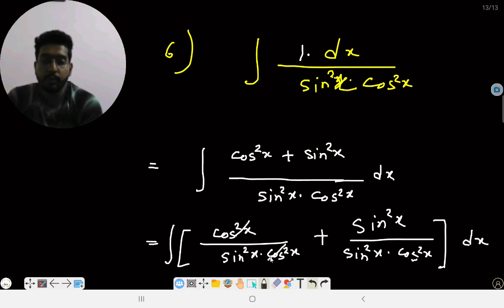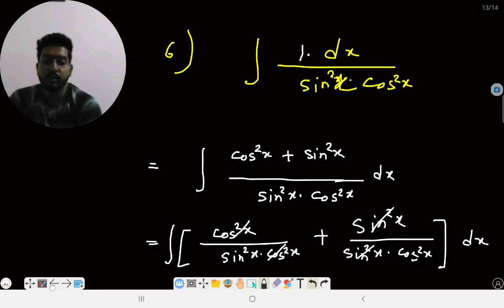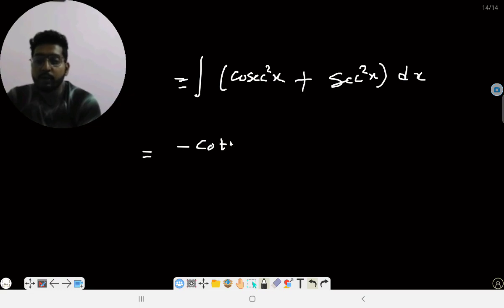So cos square cancels out, sine square cancels out. Now here you can see 1 by sine square, which is cosec square x, plus 1 by cos square, which is sec square x dx. Now integration of cosec square x is minus cot x, plus integration of sec square x is tan x plus c. Okay, so this is question number 6.